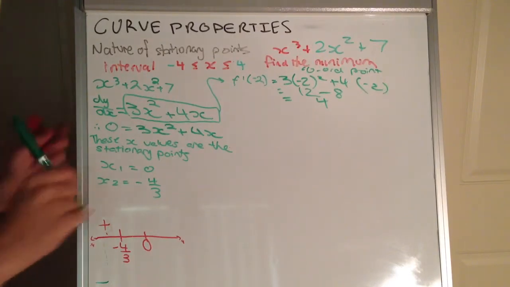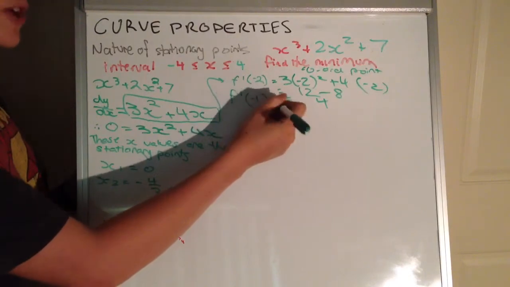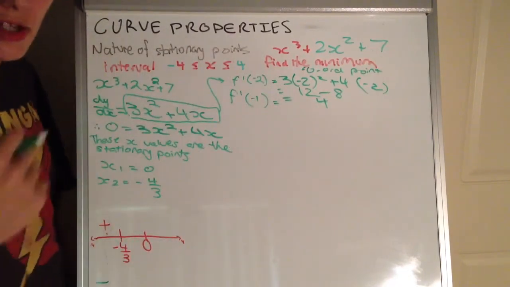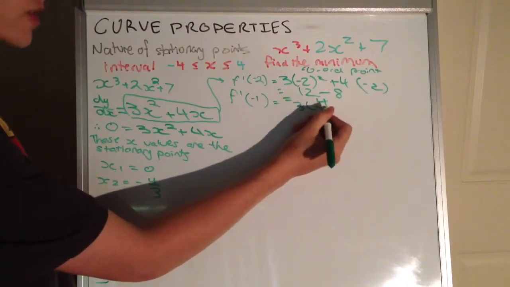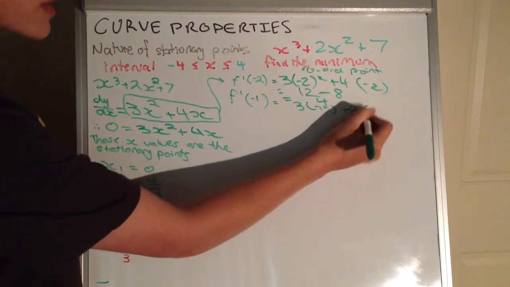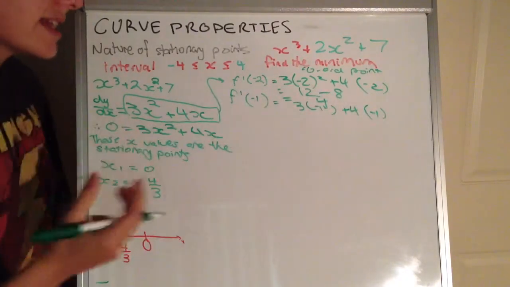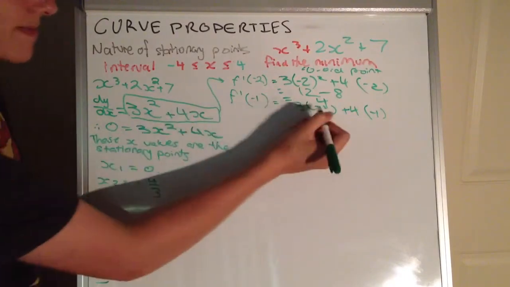So the f prime, again, we use the derivative to work out what's happening to the slope. And then we have 3 lots of -1 squared, and sorry I'm squishing this a bit, plus 4 lots of -1. Now -1 squared makes +1, right?